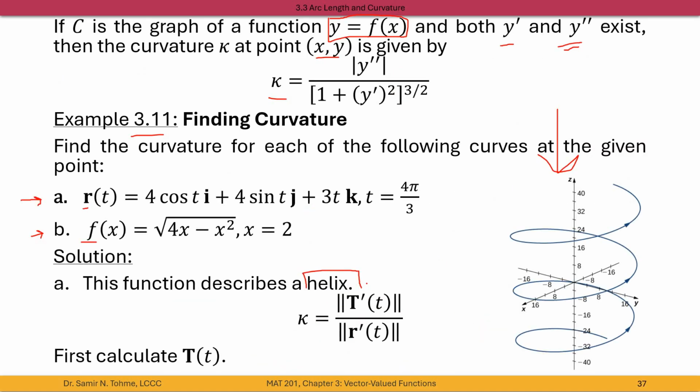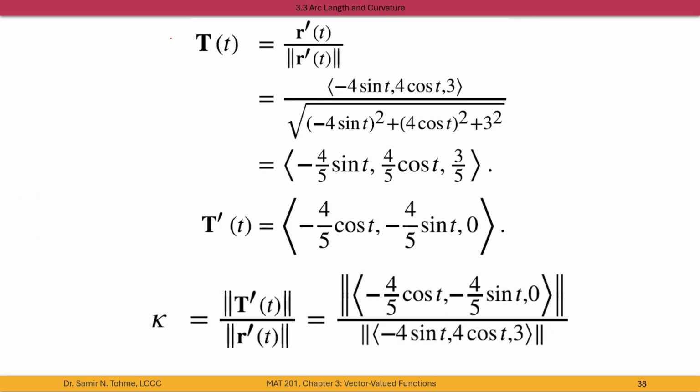The first equation is given by this one, so let's go ahead and start calculating T prime and then r prime, find their magnitudes and do the division to calculate kappa. First of all, let's calculate the tangent unit vector. The tangent unit vector is given by this formula, r prime of t divided by the magnitude of r prime.